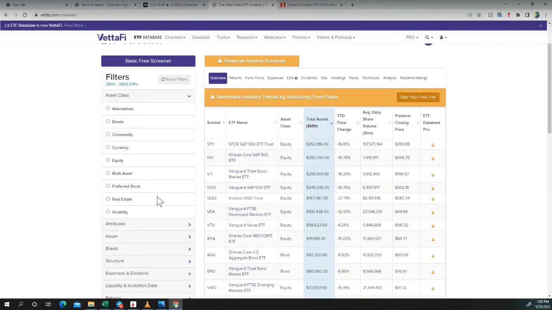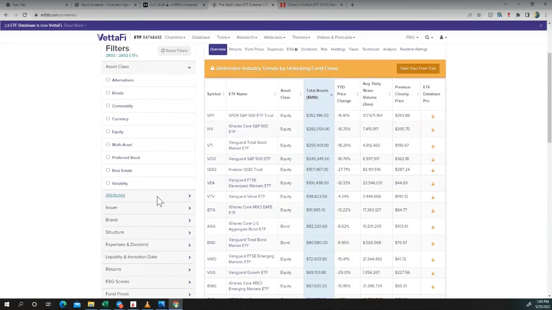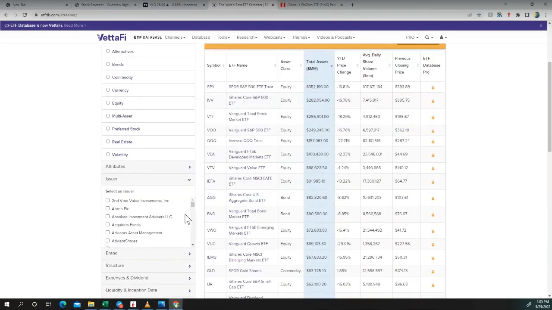And with this one also, it gives you a variety where you can actually see the issuer, for example. This is a list of companies that give out ETFs. Like I said, one of the top ETF issuers is Vanguard.